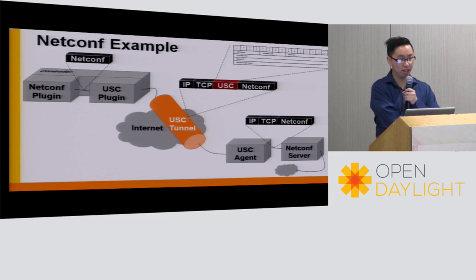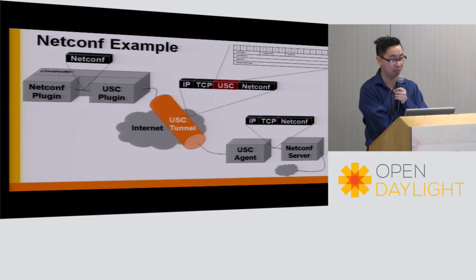If you take Netconf as an example, if we have some sort of Netconf payload, we would extract it and run it through our USC tunnel with the USC header.